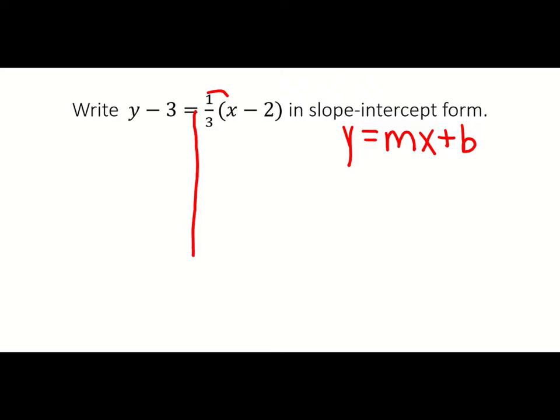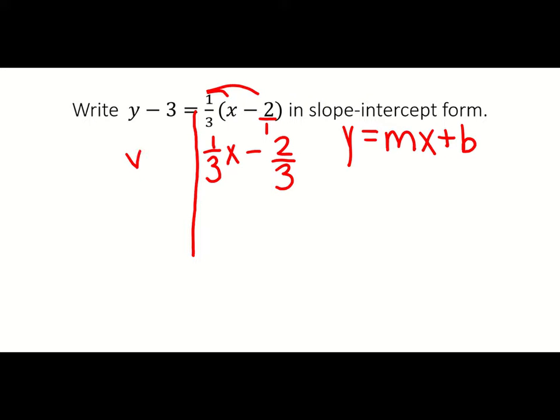So I'm going to distribute the 1/3 to have 1/3 x. And then I also need to multiply the 1/3 with 2. So I'm going to put the 2 over 1 since 1/3 is a fraction. And I'm going to multiply straight across. 2 times 1 over 3 times 1. So I have 1/3 x minus 2/3 on the right.